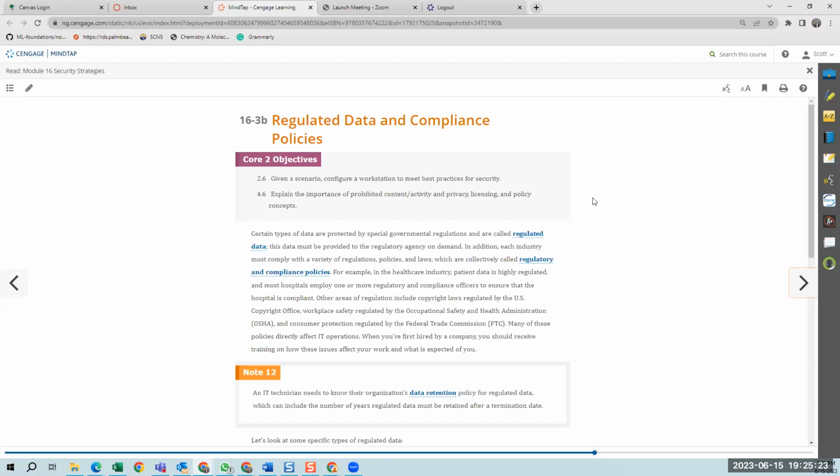So there's a lot of regulation and compliance policies when it comes to data today. If we have servers at the college that have aged out, so that would be somewhere around 5-6 years old, and we're going to get rid of it, I can't just take that thing and throw it in the garbage.